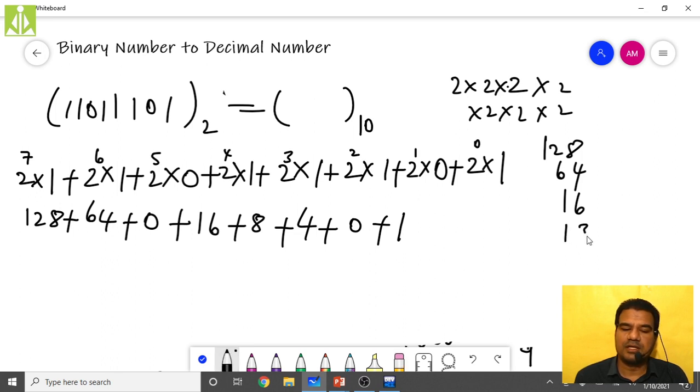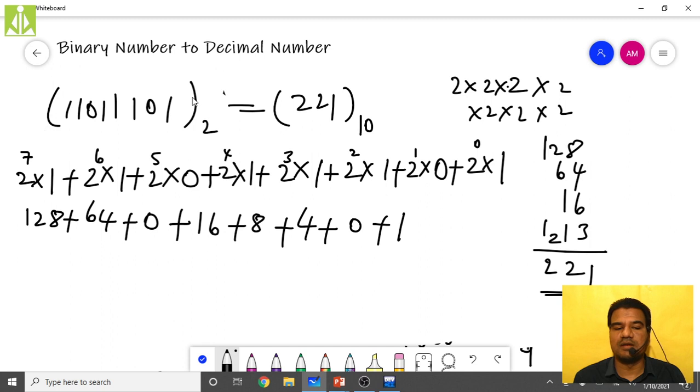So 64 plus 128 is 192, plus 16 is 208, plus 13 is 221. This entire number is 221. So 221 in decimal is represented in binary like this.